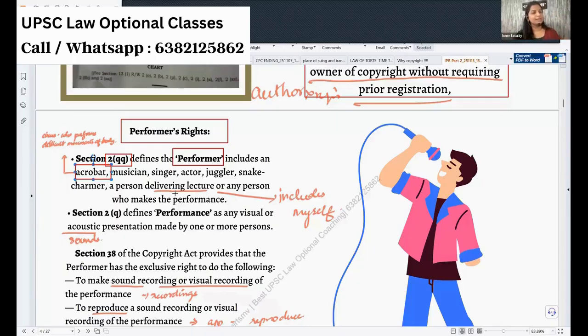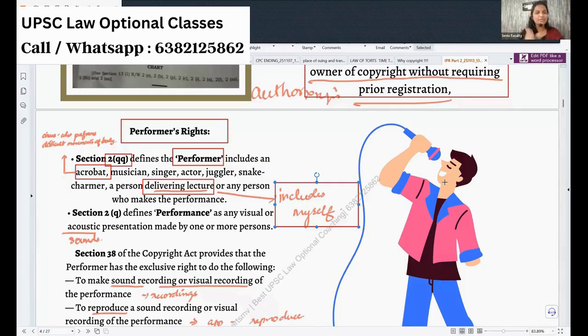So be it an acrobat, musician, singer, actor. Anybody would have written the lyrics of the song, but he's acting, he will get the performer's right. He's performing it. And a snake charmer, even a person delivering a lecture. So it includes myself. I am also a performer here. So I will also have the right.